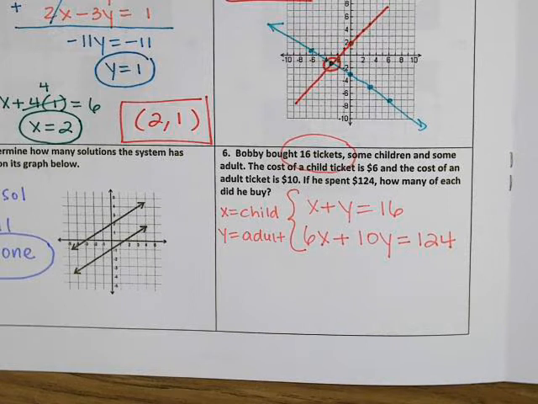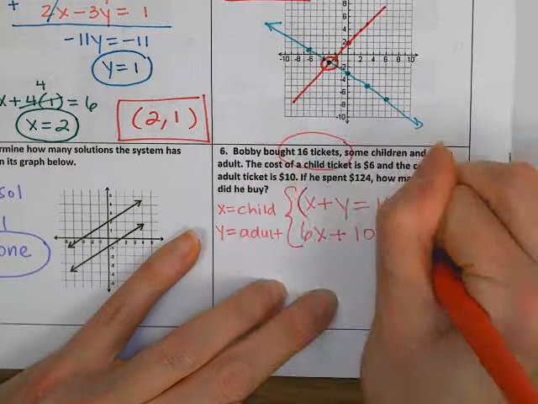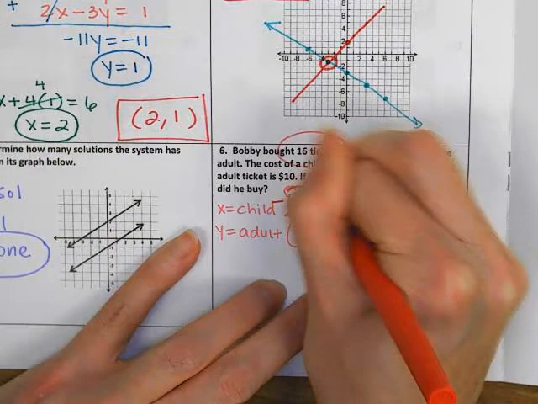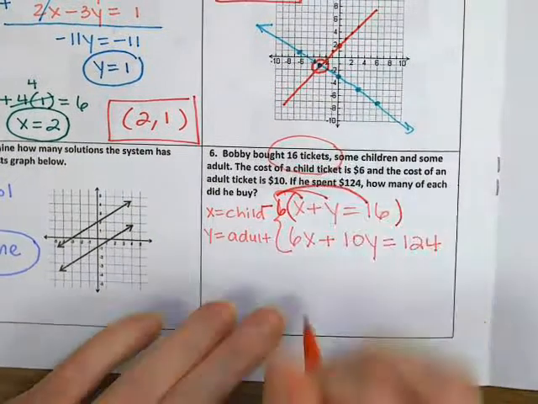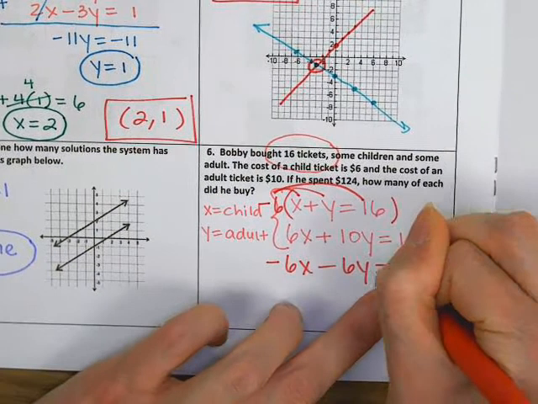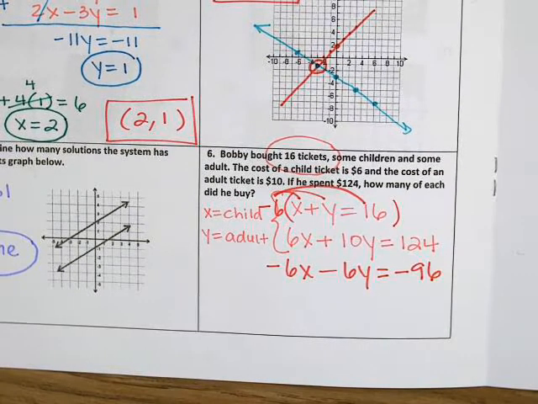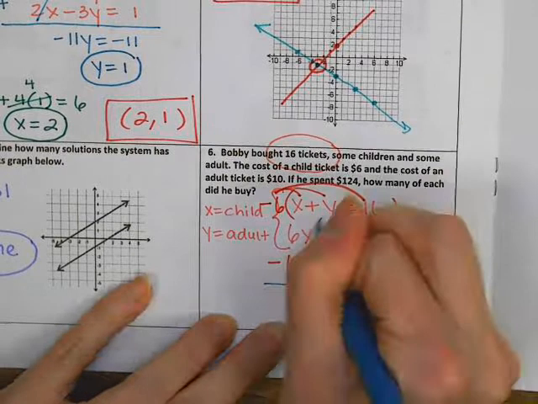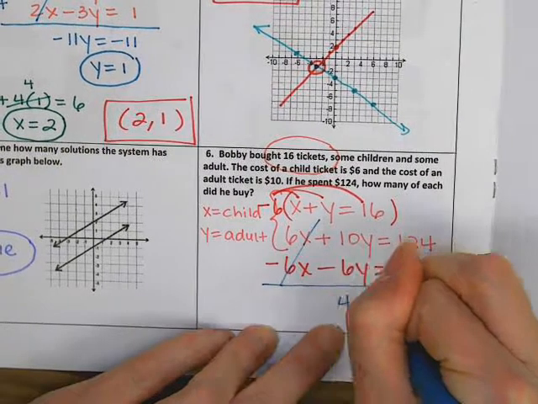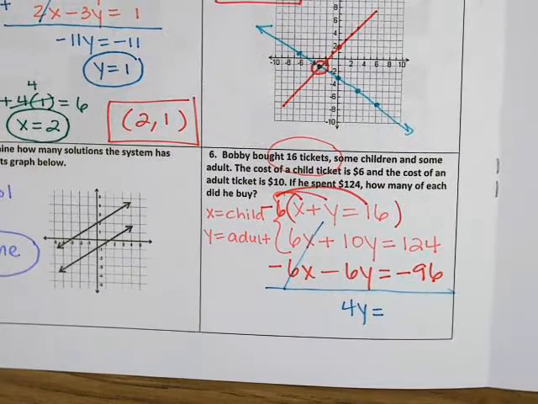And then we just have to solve. So I would maybe do elimination by multiplying the top by -6. Because I would get -6x, -6y, -96. And then if you add going down, these cancel. You get 4y equals, I'll probably need a calculator for later.